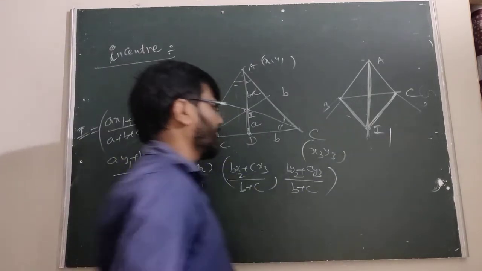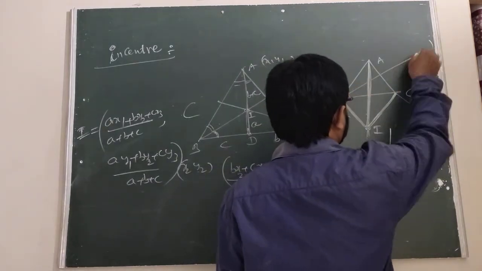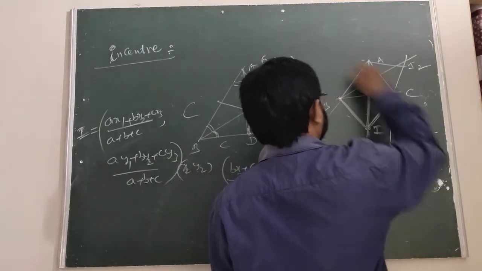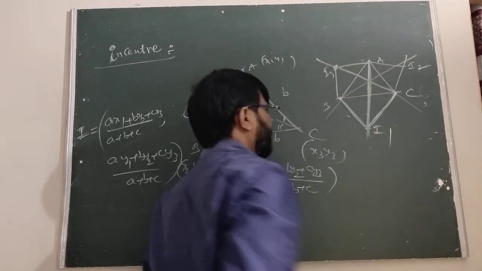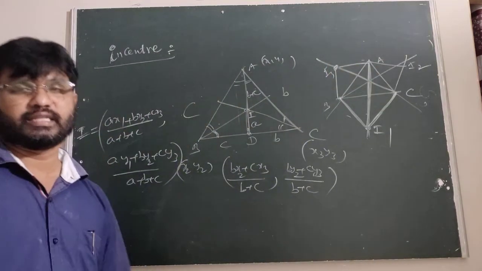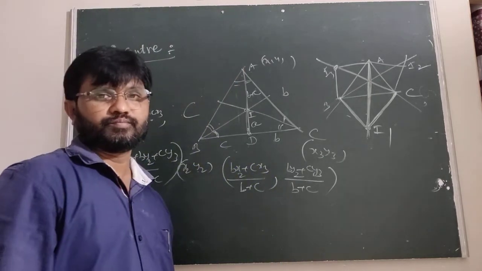It is denoted by I1. Similarly, this is I2, with one internal and the rest external, and this is I3. Therefore, a triangle has three excenters: I1, I2, I3.